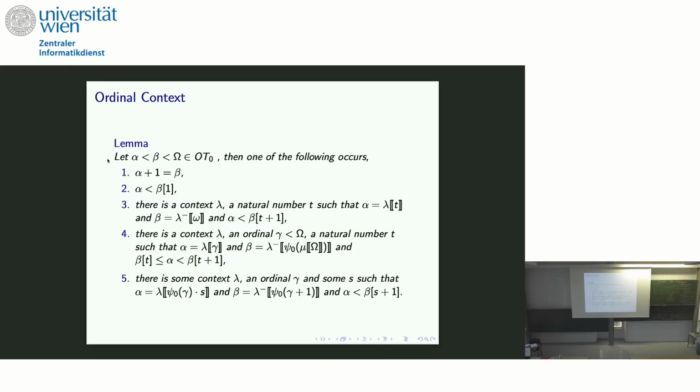So, for example, in this easiest case, what does it mean for two ordinals to be less than another one? Well, if alpha is something plus psi 0 t, and beta is something else, and beta is psi 0 omega, how can I guarantee that alpha is less than beta, even though it has another part?